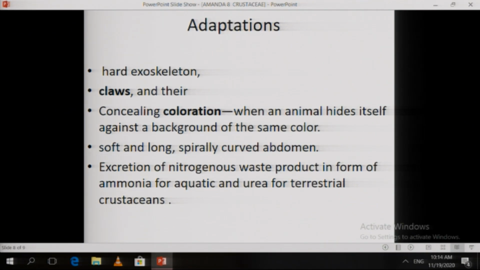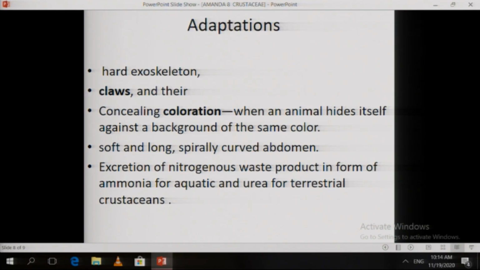Like the majority live down the sea. Therefore, they have the color that mimics the color of the what? Of the ground, all right? So it is not easy for the predator to come and attack them because they can't easily differentiate them from the environment where they are, all right?